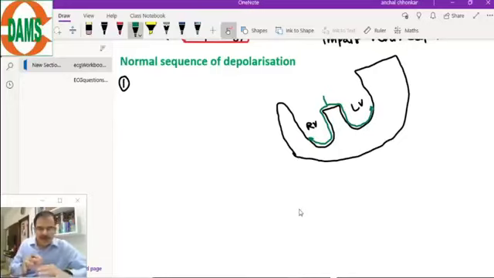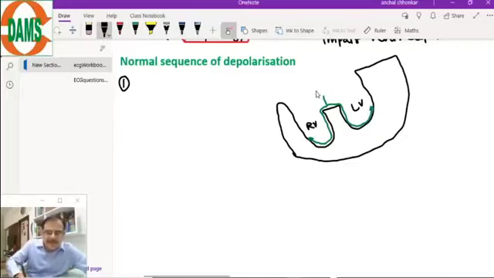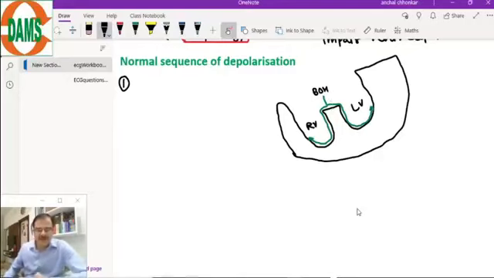Look at this coronal section I have made of the heart to understand the normal sequence of depolarization. Here is the impulse coming from the bundle of His, and the green color shows the conducting pathways, the Purkinje system.